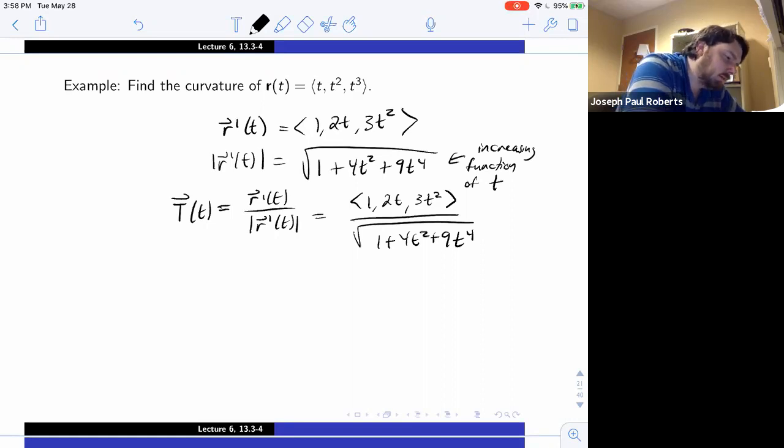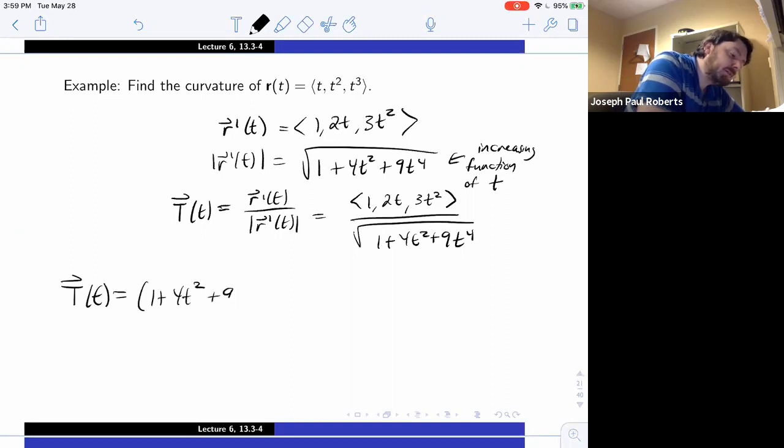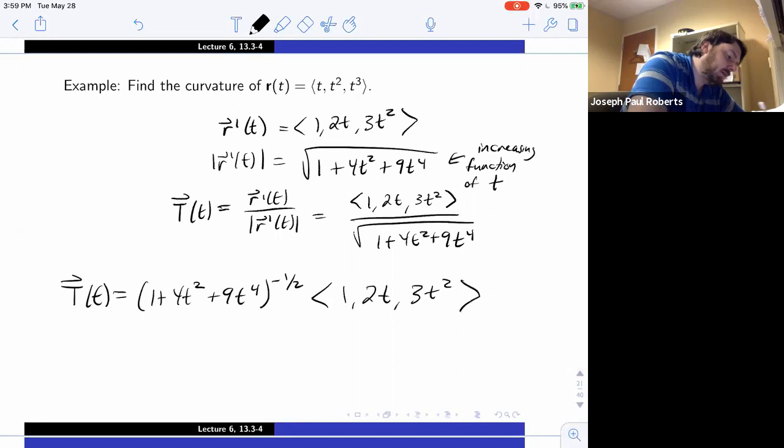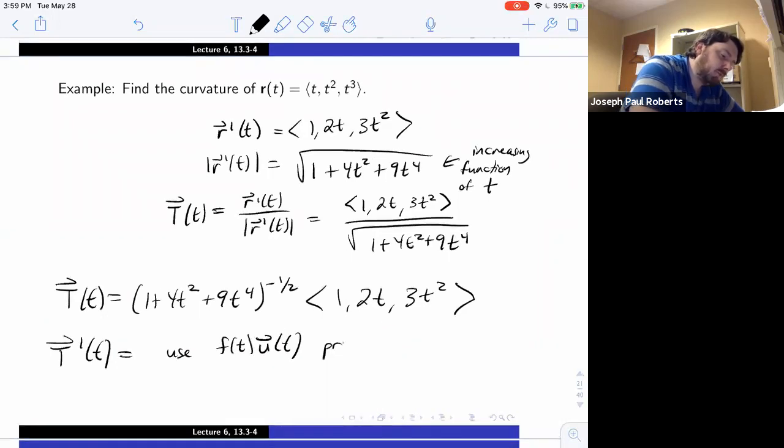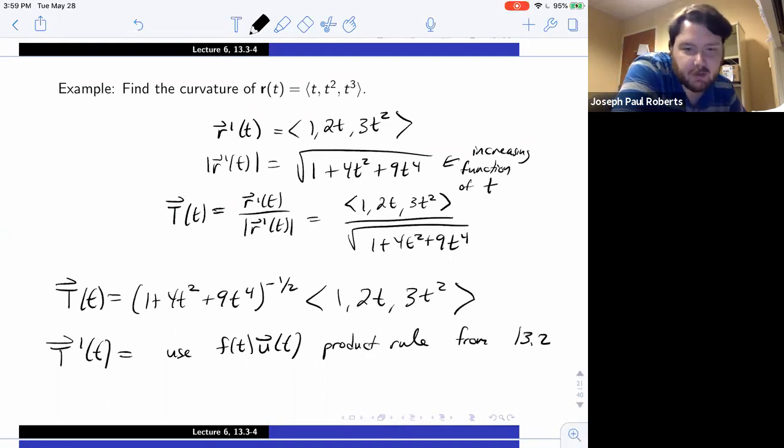But I think it's easier to write it as 1 plus 4t squared plus 9t to the 4th, to the minus 1/2, times 1, 2t, 3t squared. And so then for T prime of T, you would use the f of T, u of T product rule from what we talked about yesterday.